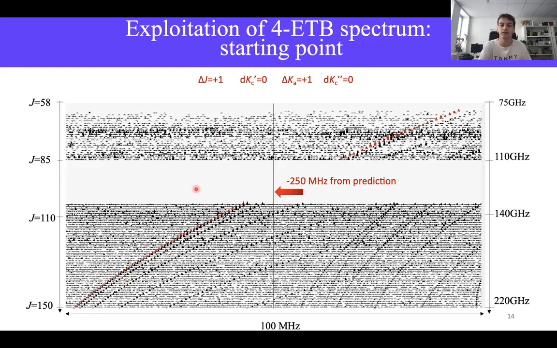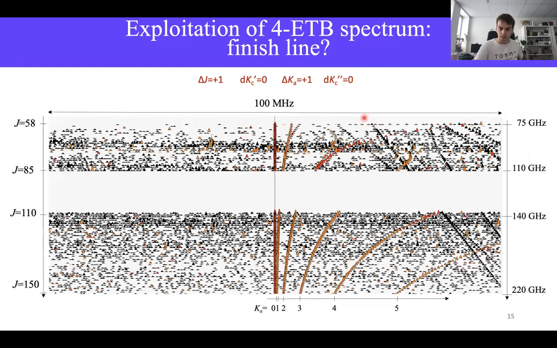So we assign these lines to the transition, and at the end, when we have made some iterations, here is the result. So this is the first attribution that we have made for Ka 0, and we can see the following transitions for Ka 1, 2, 3, 4, 5, and there are others outside the window.